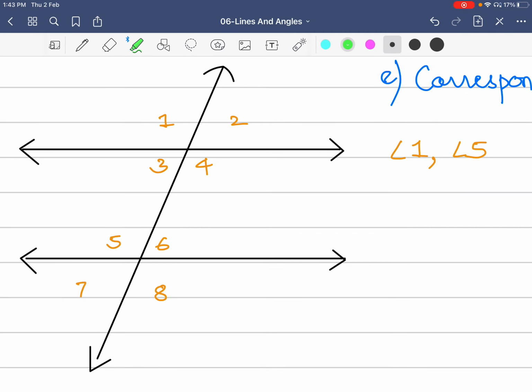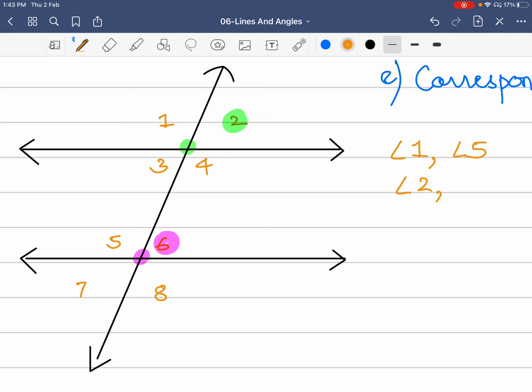So once again, let's assume there is one person standing here and one person standing here. Now if both of them look to the right side, what will they see? This person is going to see angle 6 and this person is going to see angle 2. So with respect to these two intersections, angle 2 and angle 6 have the same relative positions, and hence they become corresponding angles.